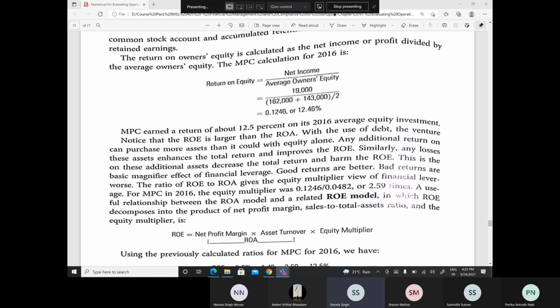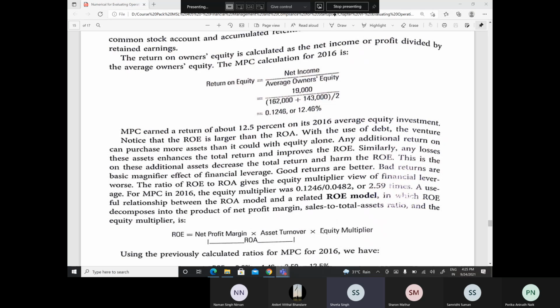Notice that the ROE is larger than the ROA. With the use of debt, the venture can purchase more assets than it could with equity alone. Any additional return on these assets enhances the total return and improves the ROE. Similarly, any losses on these additional assets decrease the total return and harm the ROE. This is the basic magnifier effect of financial leverage. Good returns are better, bad returns are worse.